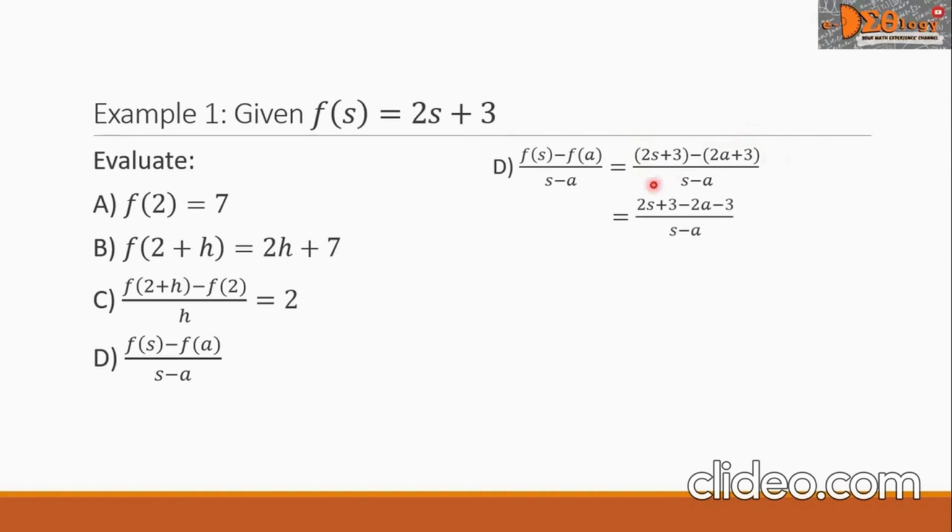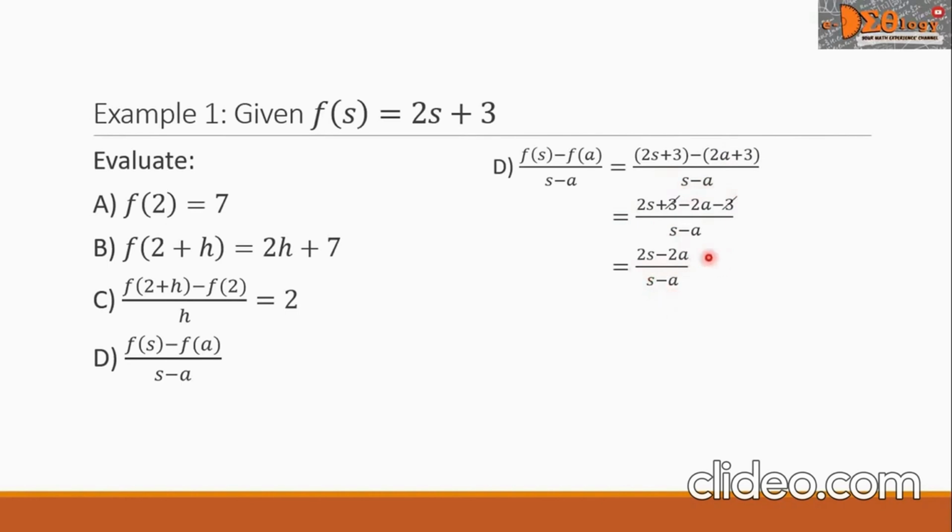So we have now 2s plus 3 minus 2a minus 3 all over s minus a. Did you notice this is positive 3 and this is negative 3? When we combine together, it becomes 0. So we have now 2s minus 2a all over s minus a.